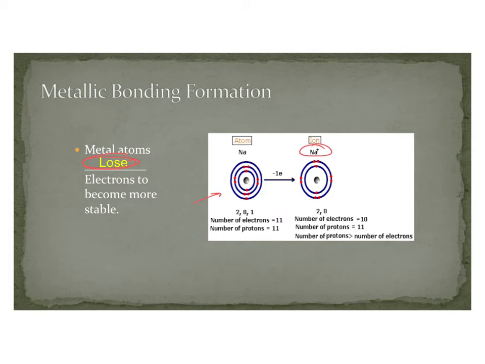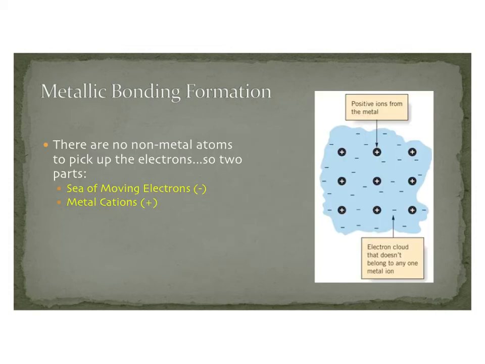Why? Because they don't really want to keep those electrons around. It's more stable if they don't have them. All of the atoms in a metal are metal atoms, so they're all trying to lose electrons. Nobody's trying to gain an electron. It doesn't help them at all in terms of being stable.